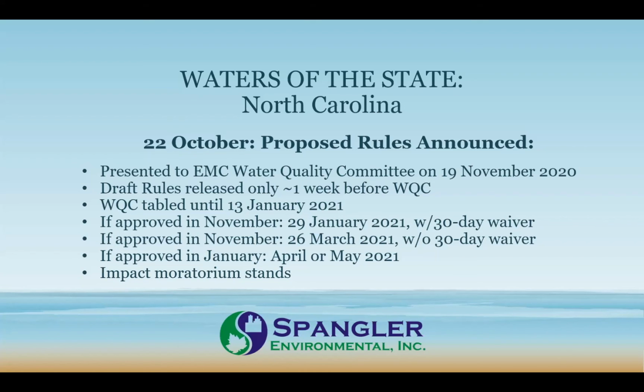And without the 30-day waiver, would have been on March 26th. And so now, even if they're approved in January, the permitted community is not going to be able to submit permit applications for impacts to those types of resources until April or May. That's a pretty long time, particularly when that announcement wasn't even released until 6 months after the Navigable Waters Protection Rule was published.